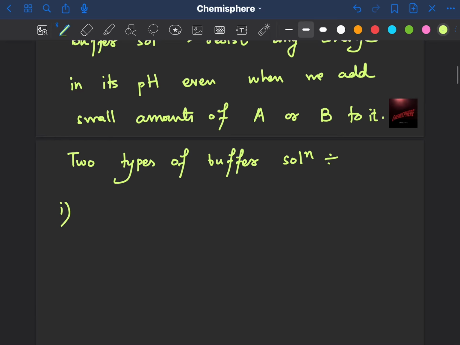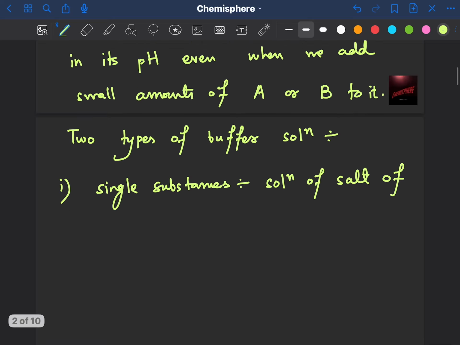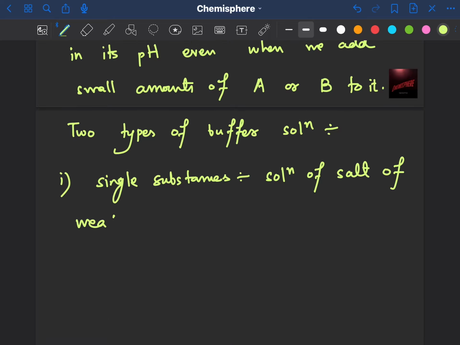The first one is a solution of single substances. That is, for example, a solution of a salt of a weak acid and a weak base.